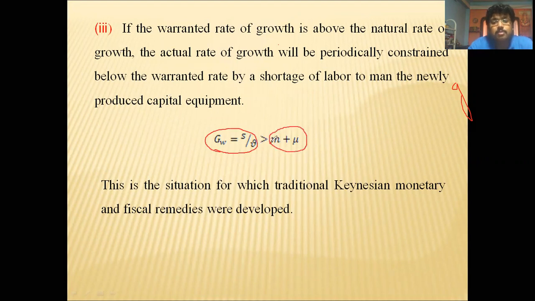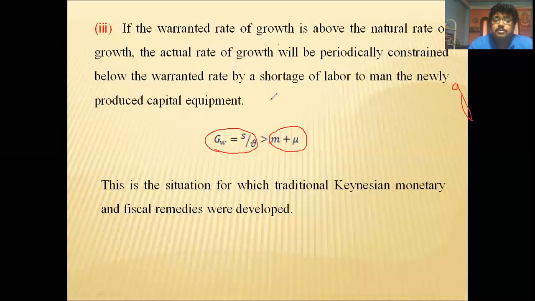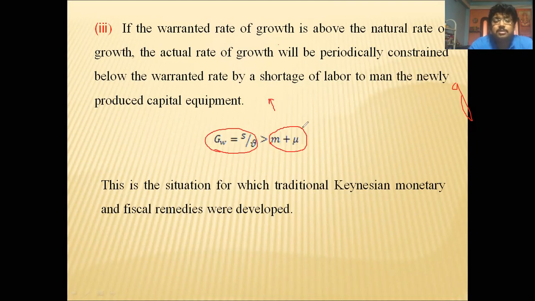If the warranted rate of growth is greater than the natural rate of growth, then investment is high, savings is high, but there is no labor force to be employed.